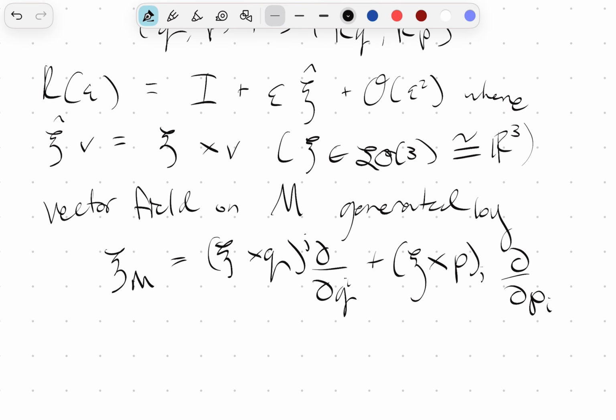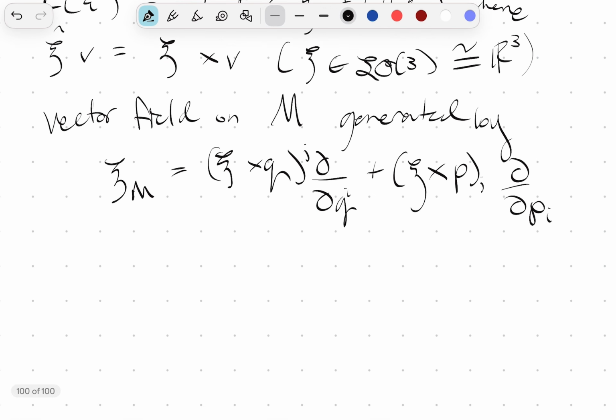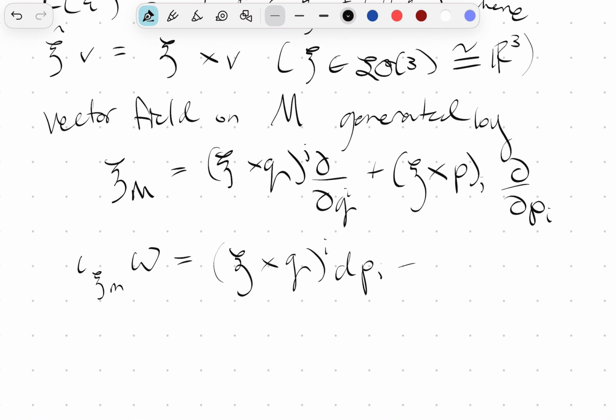Alright, so that would be the vector field itself, and from the vector field we can contract the vector field with the symplectic form. And so let's say iota of C contracting with the symplectic form would give us C cross q_i dp_i, just by how symplectic forms interact with the bilinear.